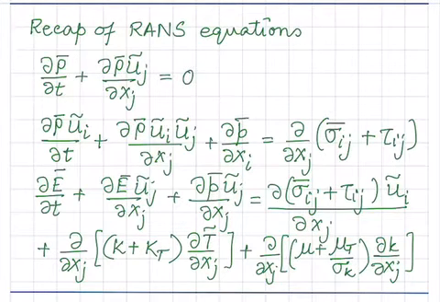Here is my energy equation, all of it, with unsteady, convection, pressure, viscous work, conduction, and diffusion of turbulent kinetic energy, all terms together. Okay, next we're going to go to the k and epsilon equations in the k-epsilon model.